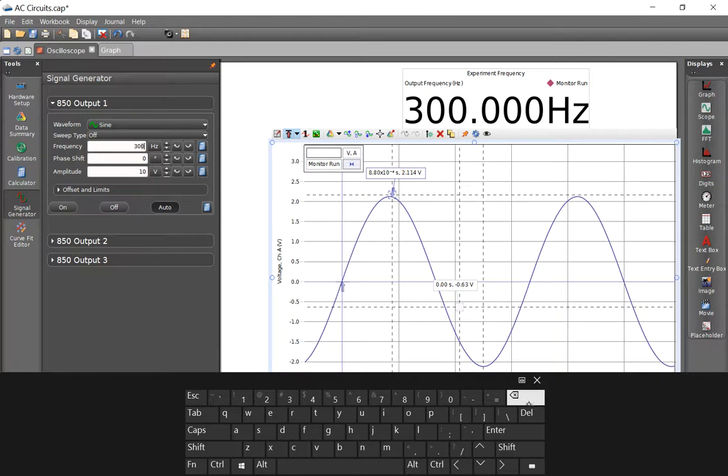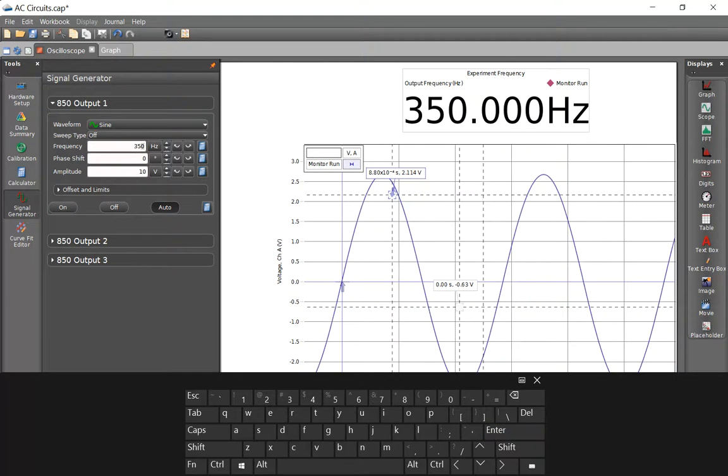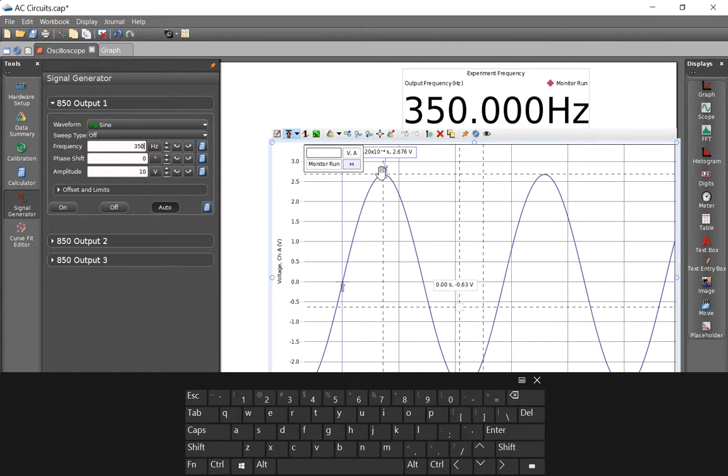And now we'll go to 350, maybe. Went up again. Okay, so that's 2.68 volts.